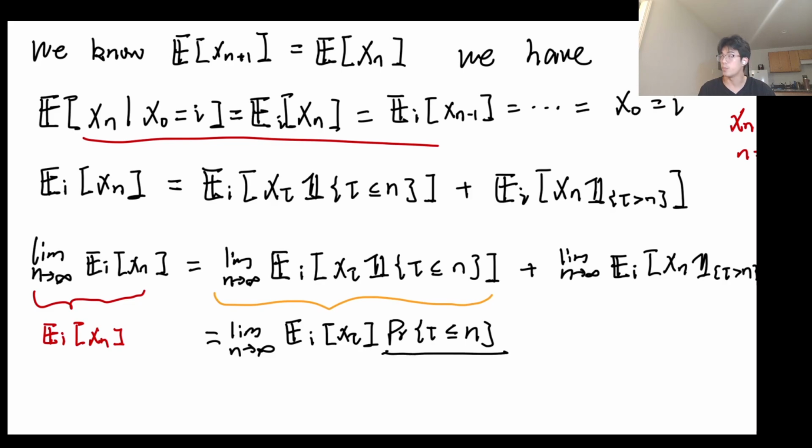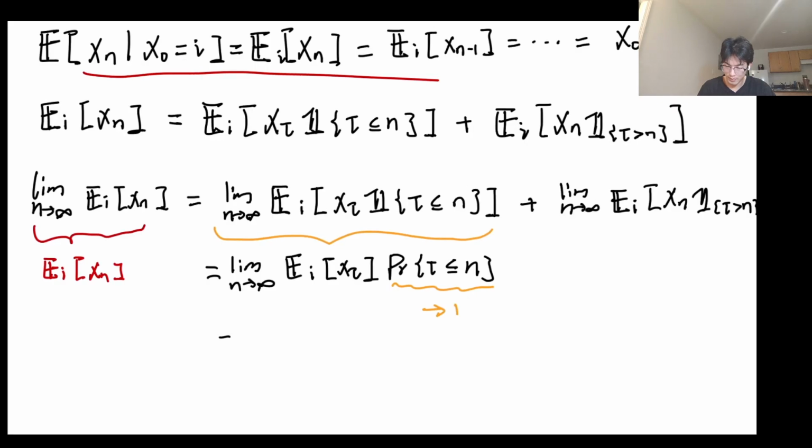And as n approaches infinity, the probability of tau smaller than or equal to n goes to 1. It is for sure. And then, what do we get? We have just the expected value of x tau, conditioning on x0 equals I.